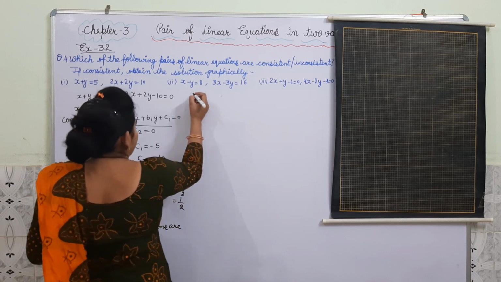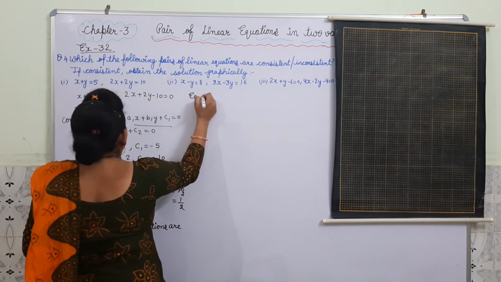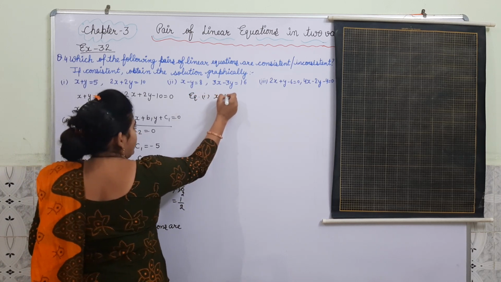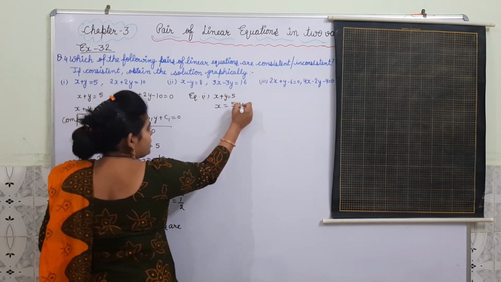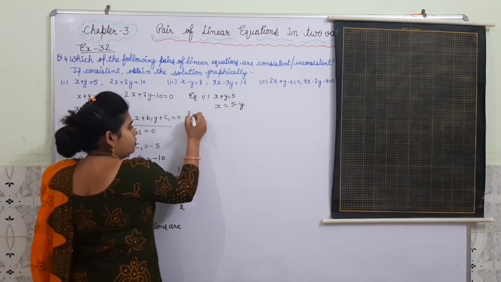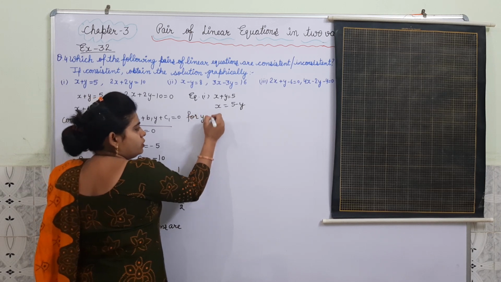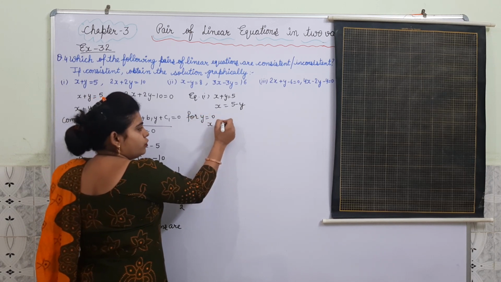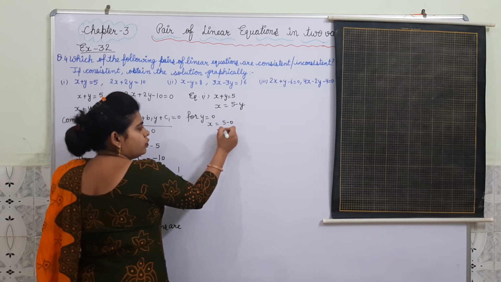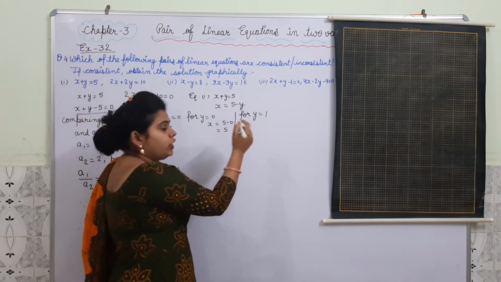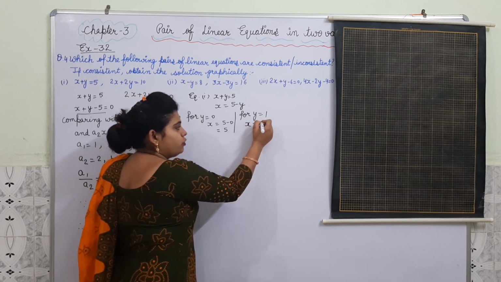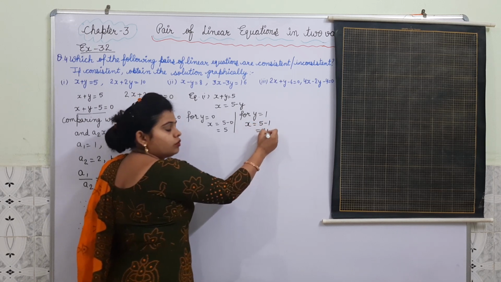Taking the first equation first, x plus y is equal to 5. From here x is equal to 5 minus y. For y is equal to 0, x will be 5 minus 0, which means 5. For y is equal to 1, what will be the value of x? x will be 5 minus 1, which means 4.